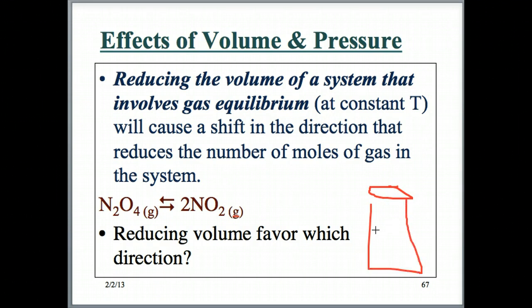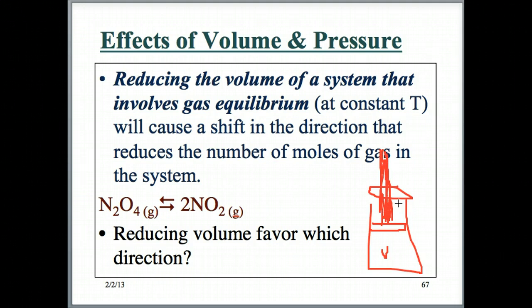There's my cylinder, and here's the piston. It moves up and down, hooked up to some sort of motor. If I push this down, the volume gets smaller. If I pull this plunger up, the volume will get larger. This is my volume, and the reaction is done in the enclosed container.